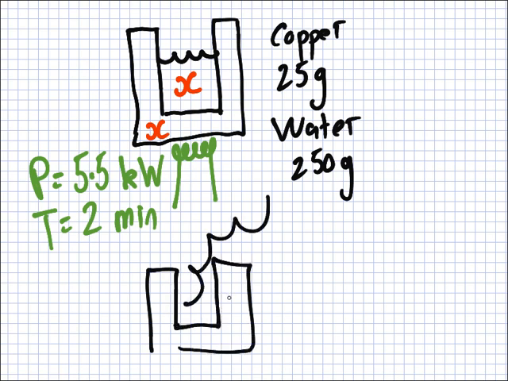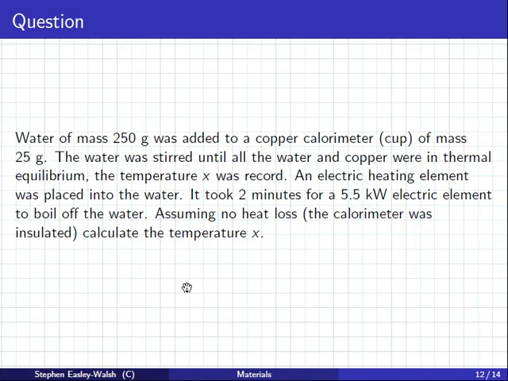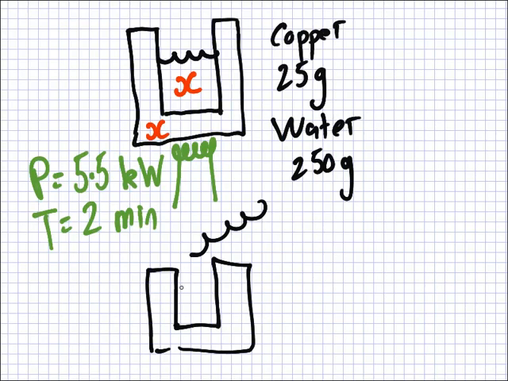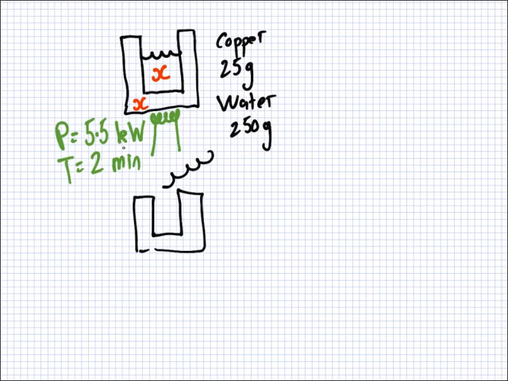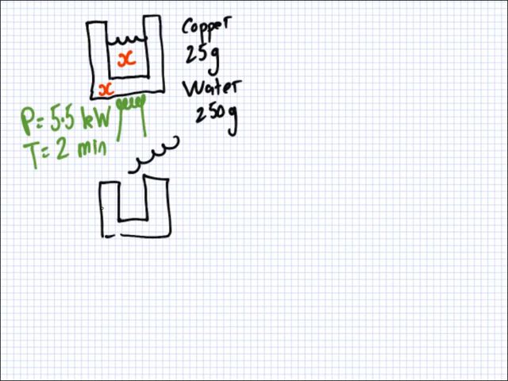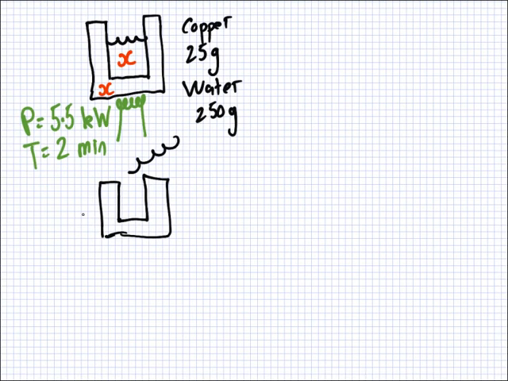It's completely empty now after exactly 2 minutes. So this is the picture later. It's all gone, empty. And my question is to find X. Now you'll need to look up the heat capacity of copper, which I gave you in the last class. This is now empty.